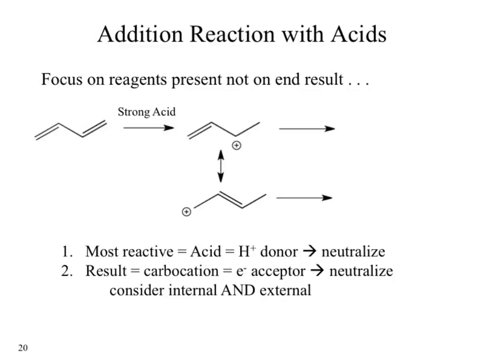Both of them still have that positive charge, which means I have to now look external to the structure to see if there's something else out there. Is there something else out there that could stabilize that charge? Well, if we remember, we started with HBr, right? You guys are just going to accept that?